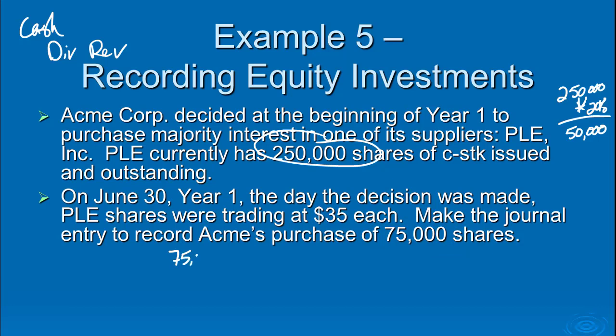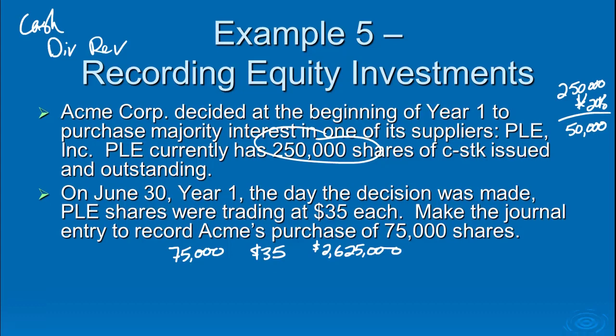So let's see, 75,000 shares, $35 each means that Acme paid $2,625,000 for this investment. Now, once you reach a 20% threshold, you don't lump these investments together anymore. They get their own account.